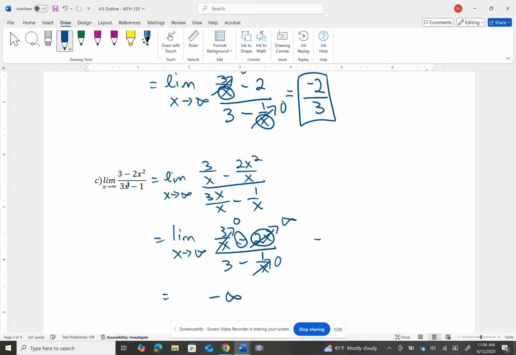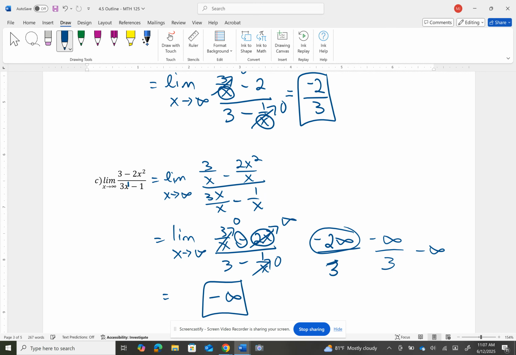Let me just show that part of it. It's like this. We have a negative 2 times an infinity over a 3, and negative 2 times infinity is still a negative infinity, and dividing by 3 doesn't cancel out the fact that it's still getting more and more negative, so that's going to be just negative infinity.